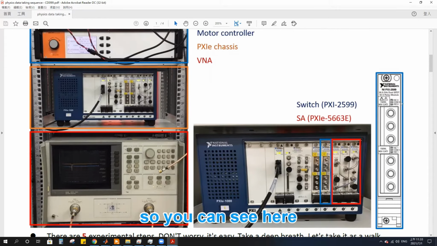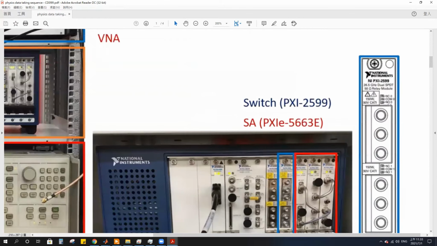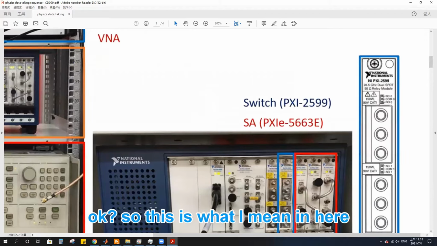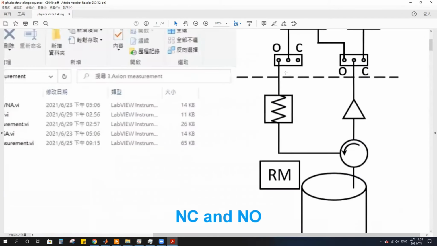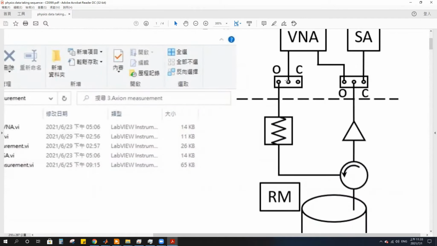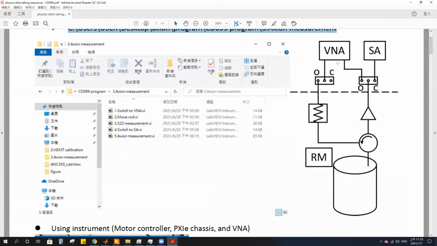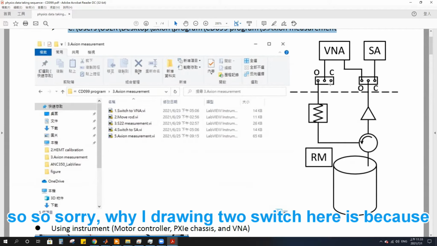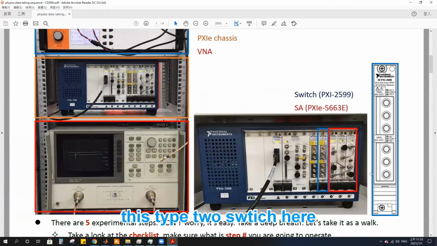So you can see here there's a common port, NC and NO. So this is what I mean here, NC and NO. So let's take a look at this. Sorry, why I'm drawing two switches here is because there are two switches. Both of them are named NC, NO, but just with different numbers, 0 and 1 here.